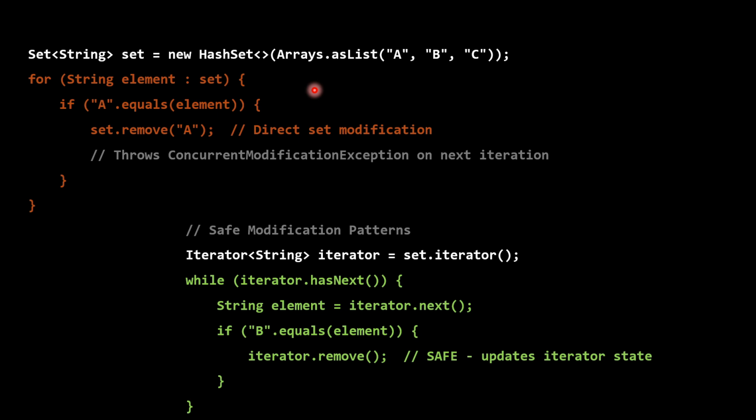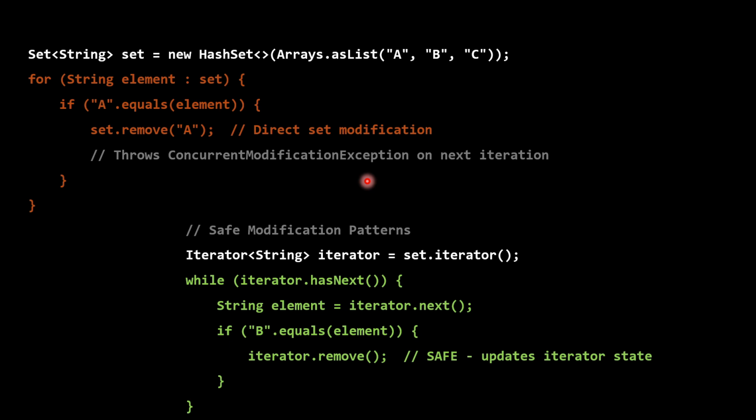Iterators store this value when created and compare it during operations. If the values don't match, the iterator throws ConcurrentModificationException to prevent undefined behavior. This is a fail-fast mechanism designed to catch bugs early.